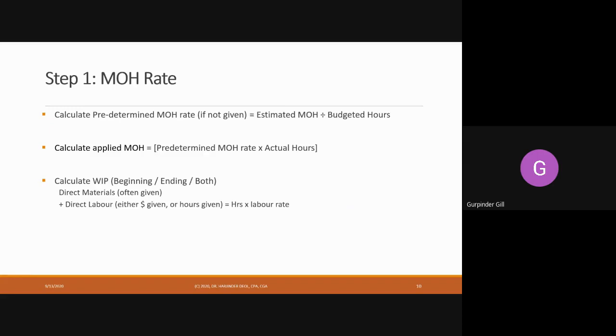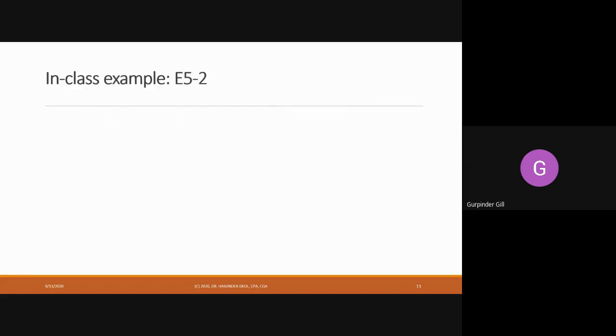The third piece to your cost for work in process above your direct material and direct labor is your applied manufacturing overhead. So our manufacturing overhead rate that we had calculated initially in step one is multiplied based on our labor hours in the WIP, which is your work in process. So a combination of all of these three cost elements, your direct material, direct labor, and your applied manufacturing overhead, will give you your total work in process inventory.